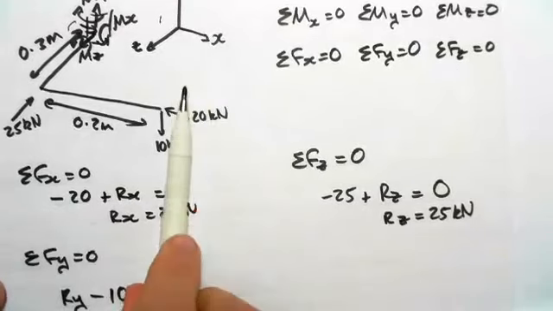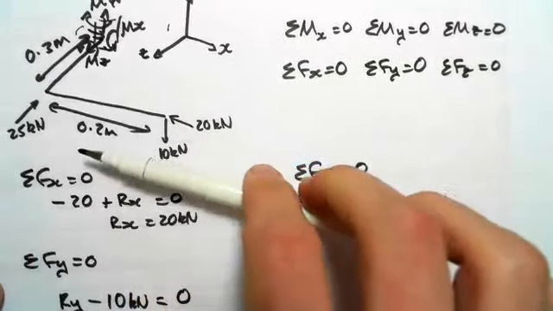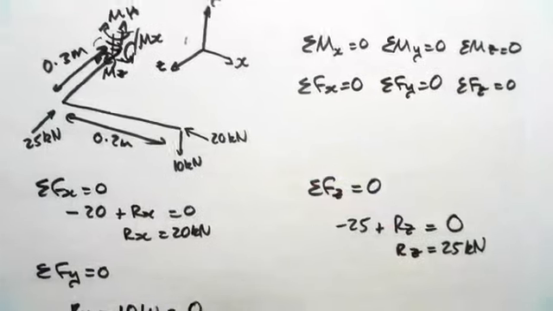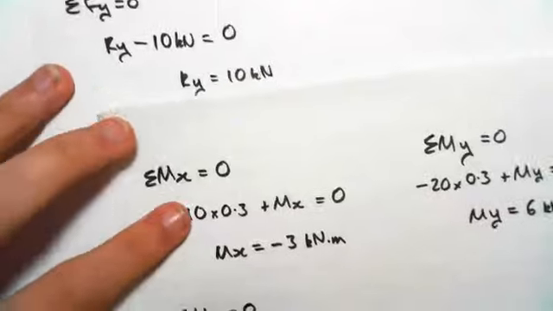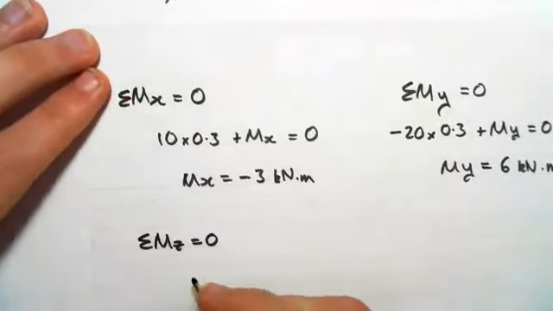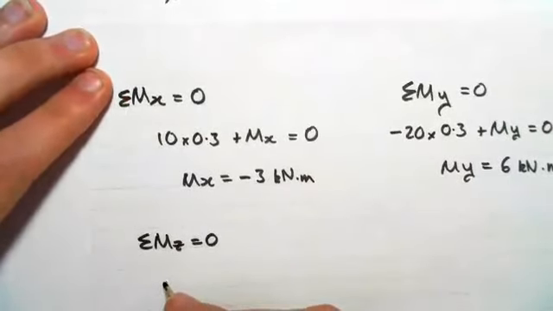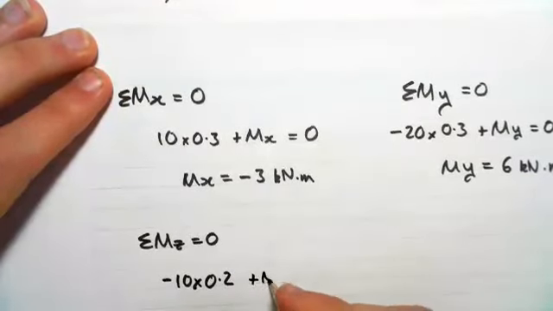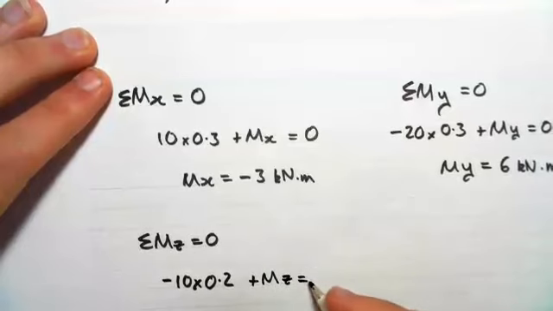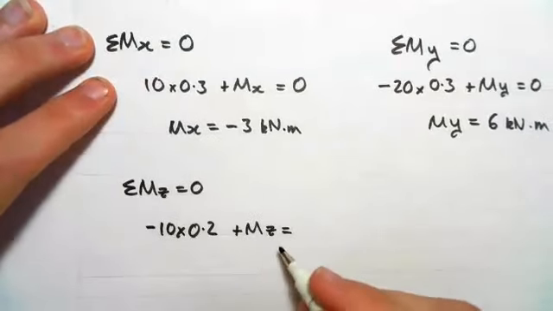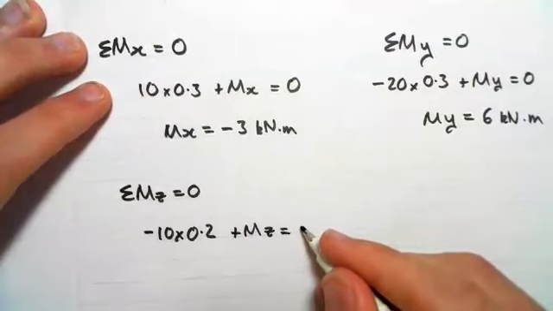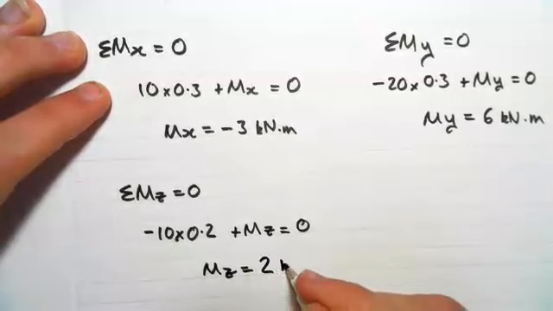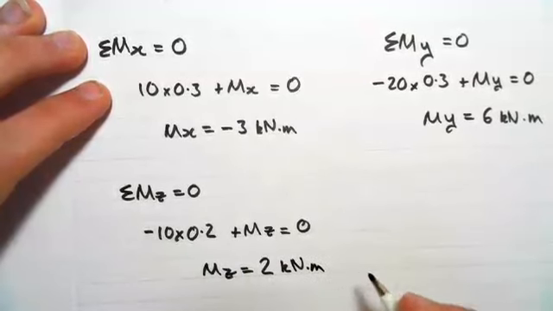So this 10 kilonewton force is acting 0.2 meters away from the z-axis, and that is in the negative direction if you use the right hand grip rule again. So we get negative 10 times 0.2 plus Mz, the reaction moment at that point, equals 0, and Mz equals 2 kilonewton meters.